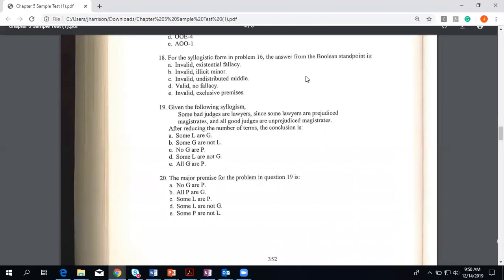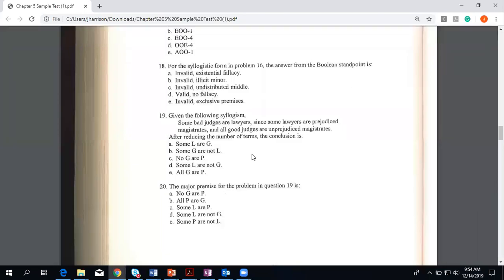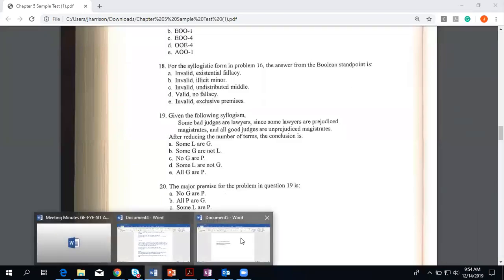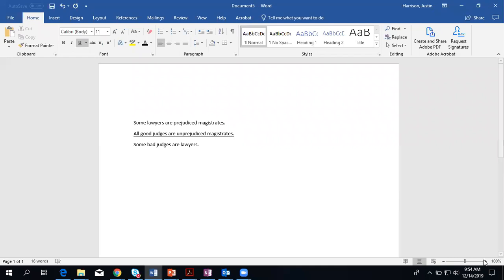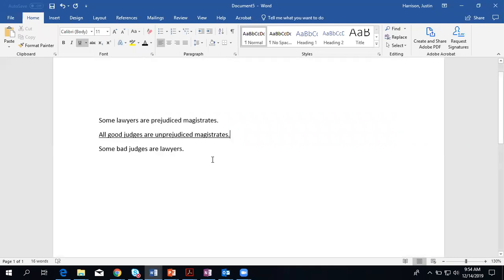So I will write those out. Some lawyers are prejudiced magistrates, all good judges are unprejudiced magistrates. So we know our conclusion is some bad judges are lawyers.